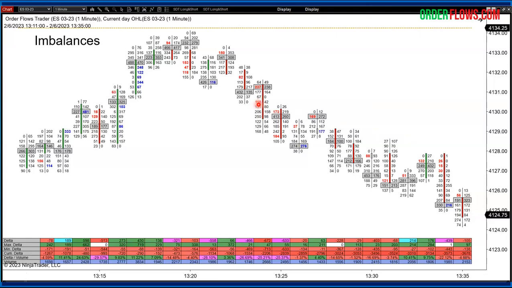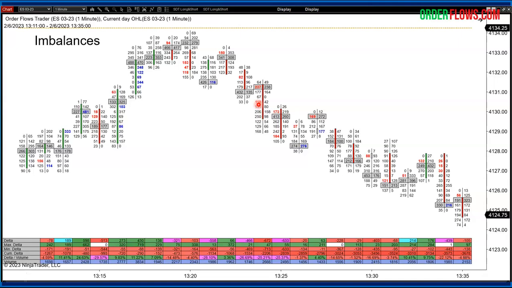So if you're expecting the market to move down and you have aggressive selling, also keep an eye on the aggressive buying. Is there aggressive buying taking place? Obviously, for a selling imbalance, you're going to have more aggressive selling than aggressive buying.